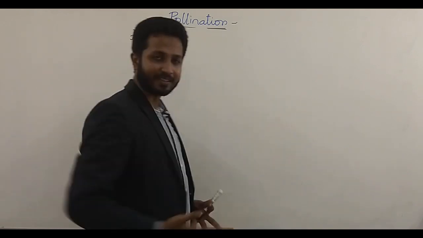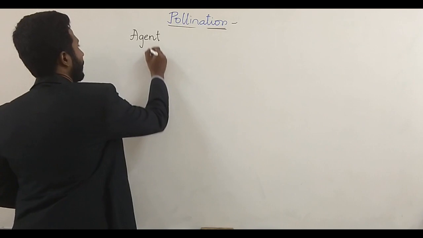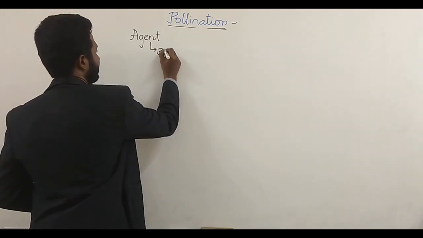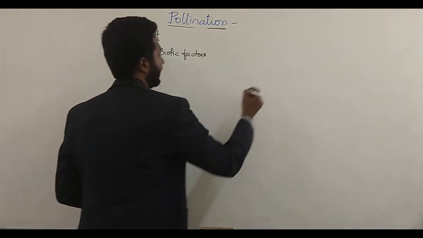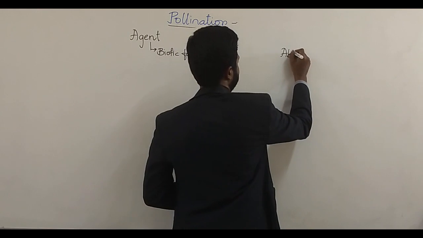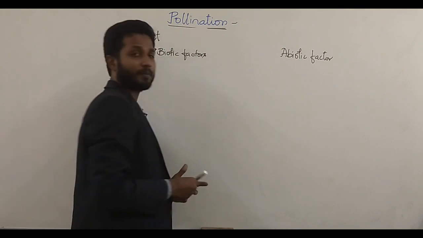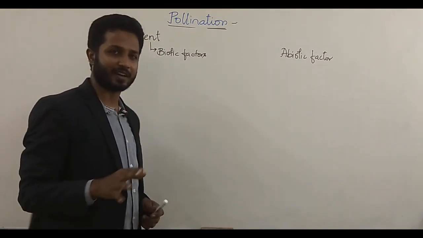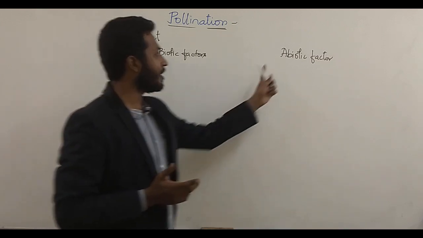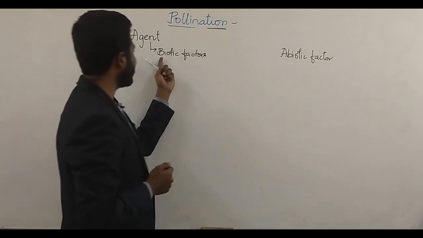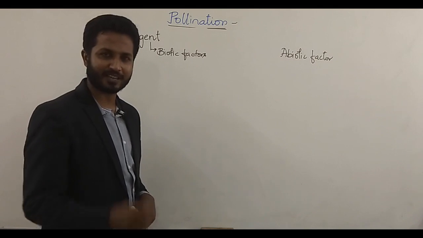When I start this topic, I will classify these agents into two major groups. One is biotic factors and the other one is abiotic factors. Abiotic means, I already told you in classes that a means no, bio means living, so non-living factors. In this case we have living factors which bring about pollination. So which are the non-living factors which can bring about pollination?